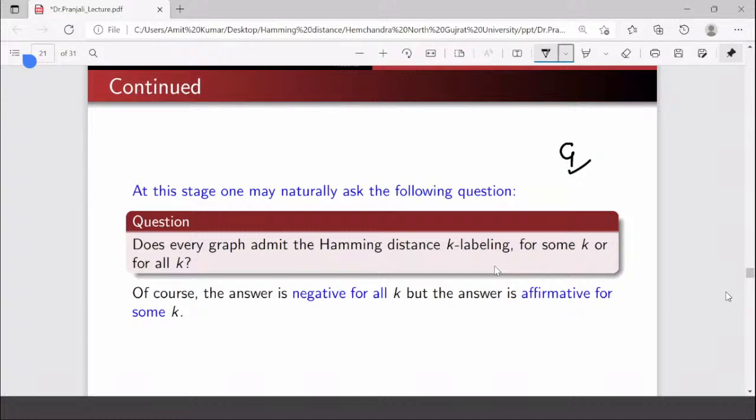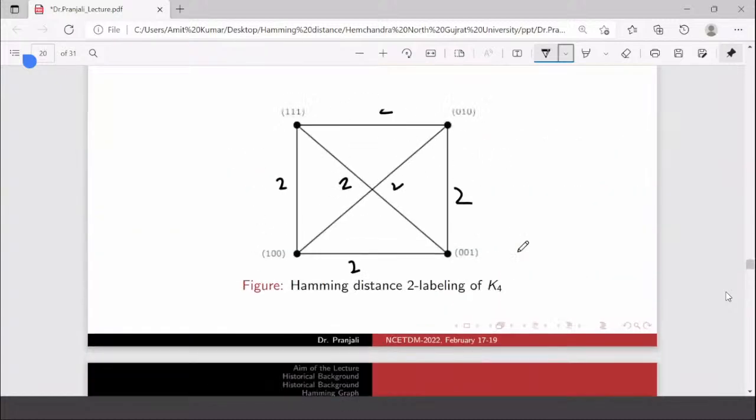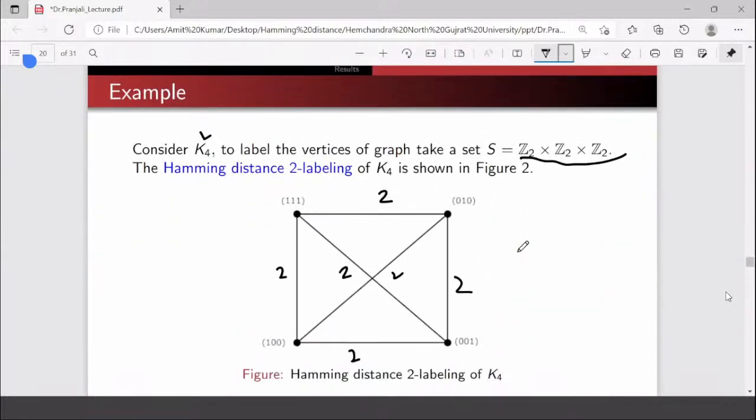But what I did in the previous 2 examples, I want your attention on them. I will define the Hamming graph H Q_d. There is a concept of Hamming graph in which the pairs are adjacent whenever they have Hamming distance 1.